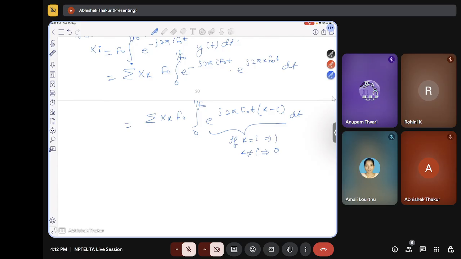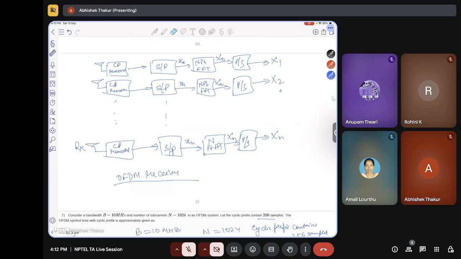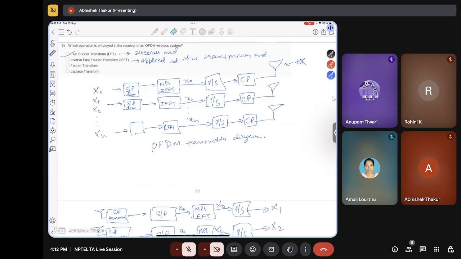This is one thing, and the second is the diagram I have shown. This is enough to understand.